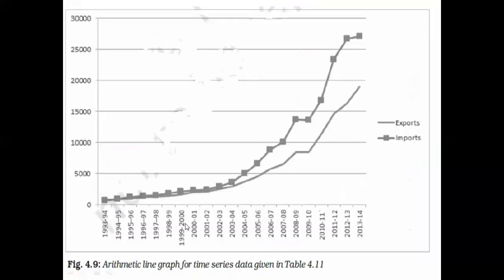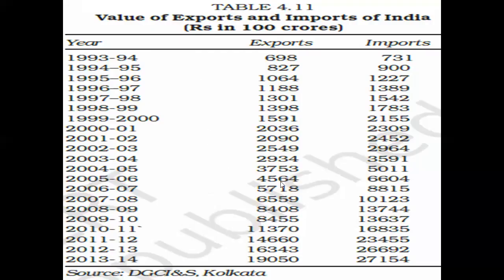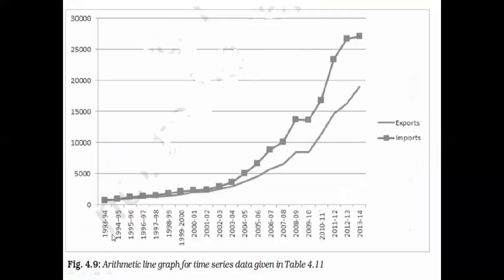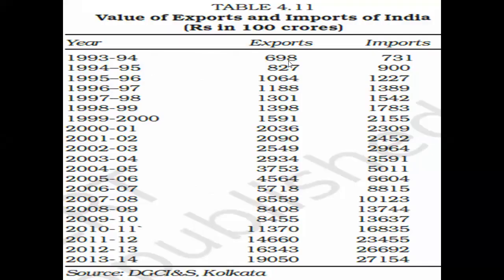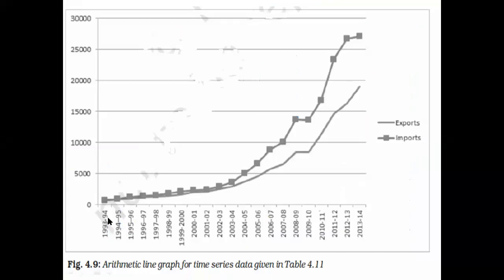So here is the arithmetic line graph for the time series data given in table 4.11. For 1993 to 1994, export is 698 and import 731. Here this square is showing the import, and this line is showing the export. So this has been fitted. That's what an arithmetic line graph is.